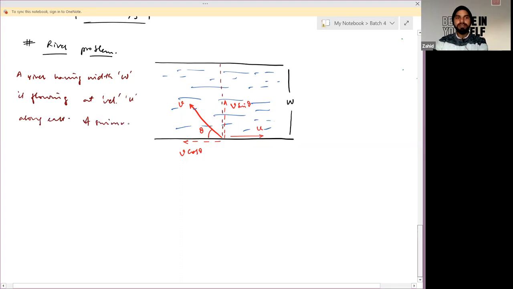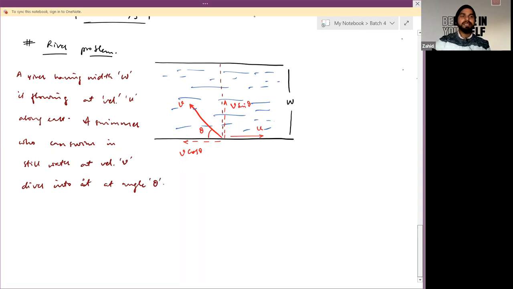A swimmer who can swim in still water at velocity v dives into it at angle theta.